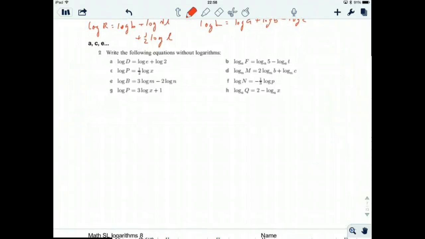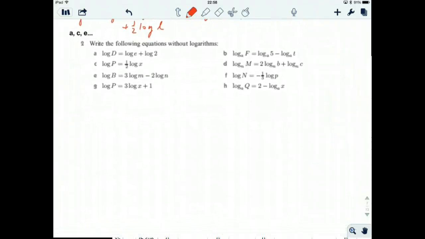Okay, moving on to number 2. Write the following equations without logs. We're doing A, C, and E again. So A, the log of D is equal to the log of E plus the log of 2. In order to write this without logs, we could take both sides to the exponent of 10.